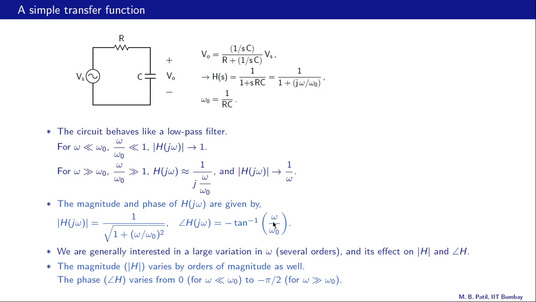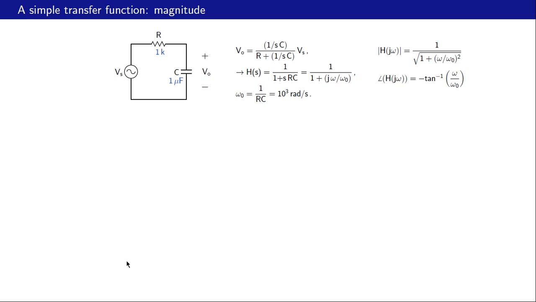What if omega is much larger than omega 0? Then omega by omega 0 is a large number, and in the limiting case it could be infinity, and then the angle will tend to minus 90 degrees or minus pi by 2. And these are important observations that we should keep in mind. They will help us when we want to plot mod of H and angle of H as a function of frequency.